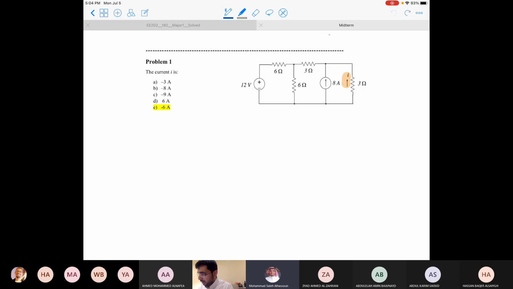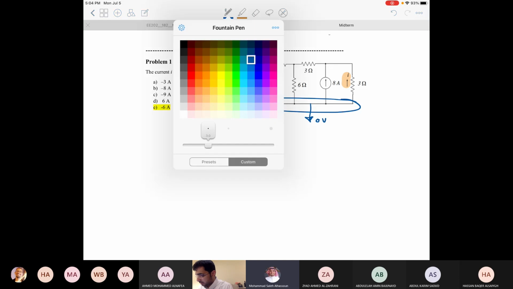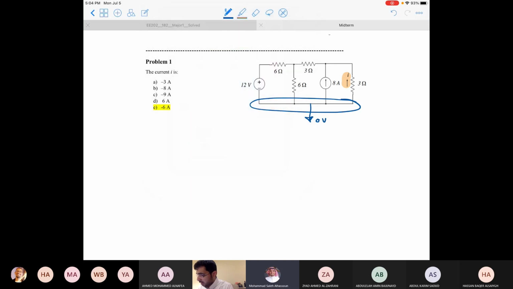So this is the reference node. This one is V1, V2. So I here will be minus V2 divided by 3. I need to find V2, divide it by 3, and take the negative of that, and this will give me the current I. Let's apply the node voltage method.